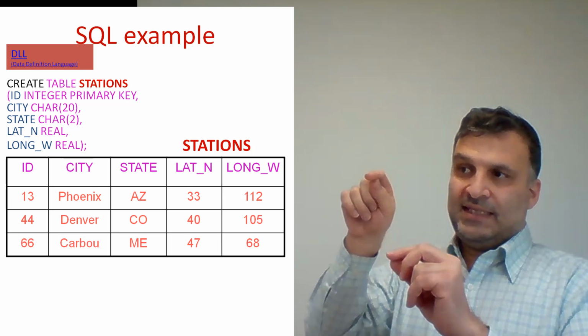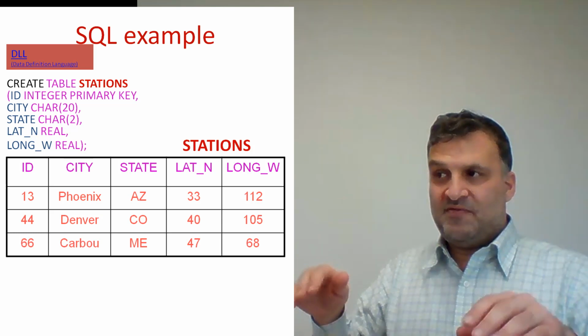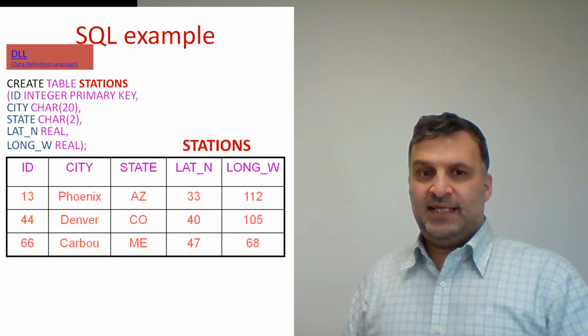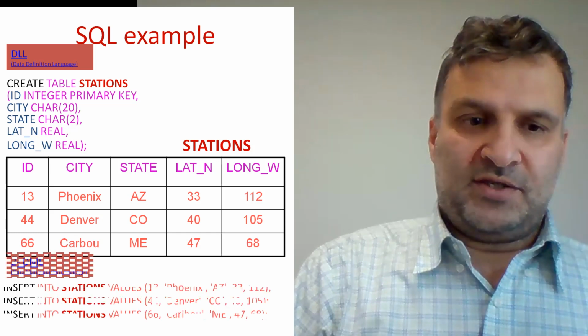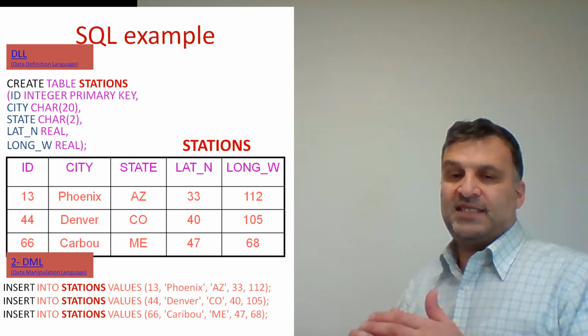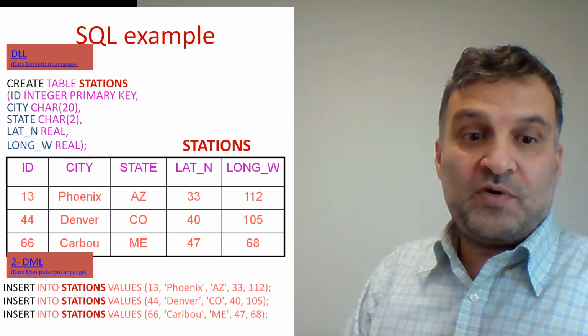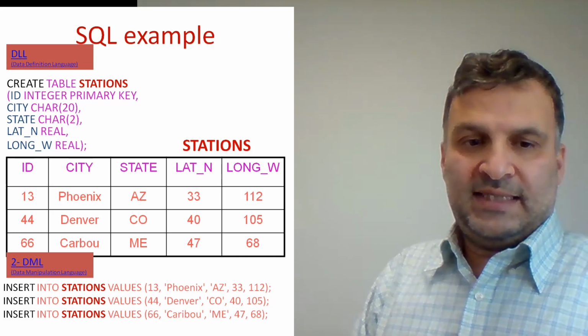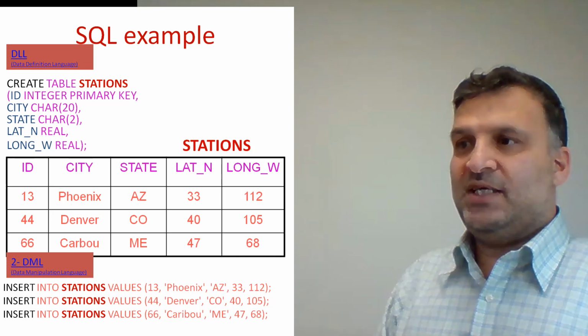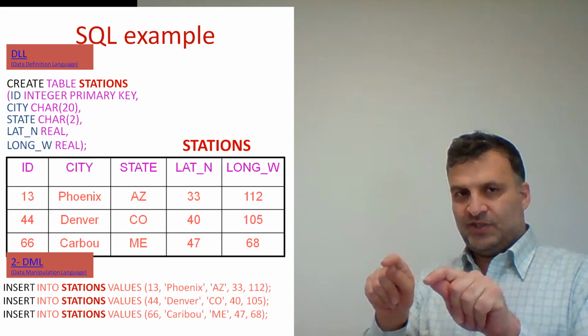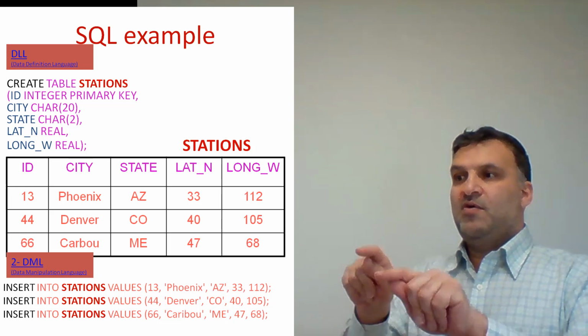How can we add lines, how can we feed this table with data? We have another instruction, from DML, it is SQL, but it is for manipulating data. INSERT INTO stations. This is an instruction. INSERT INTO stations VALUES.